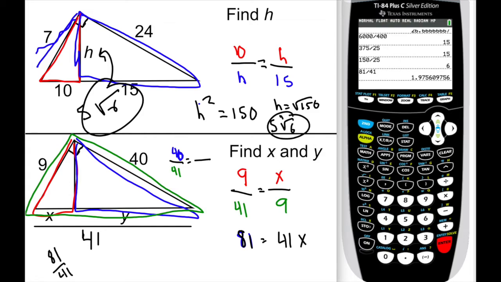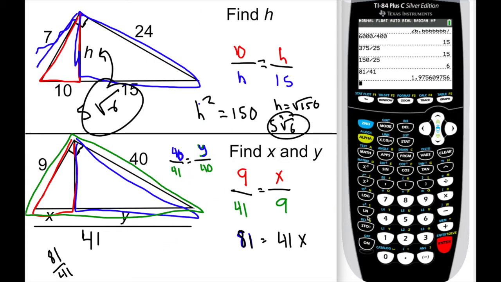Now we have to be careful here, but it is true that y is the base of the blue, and then for the green, 40 is the base of the green.